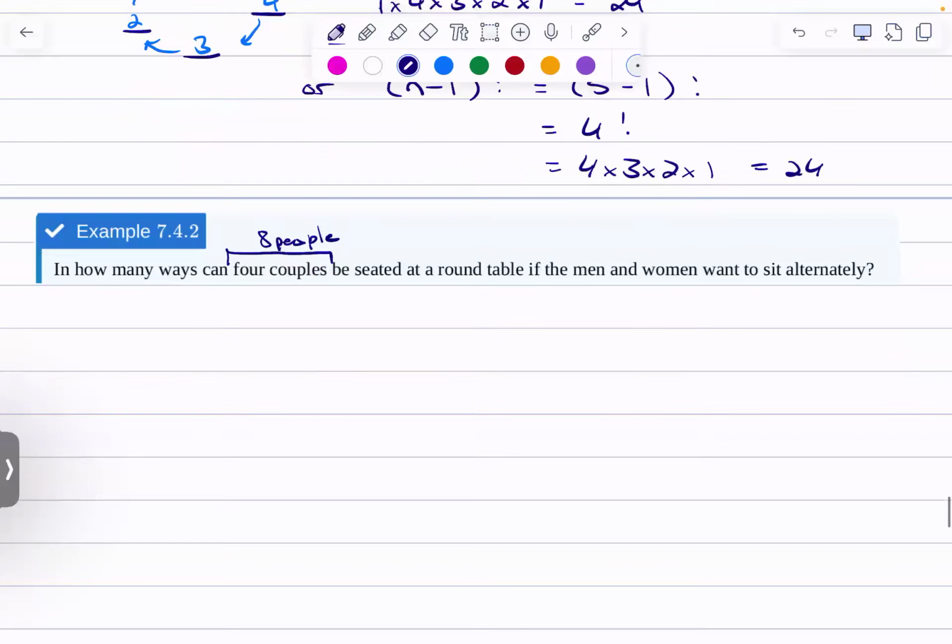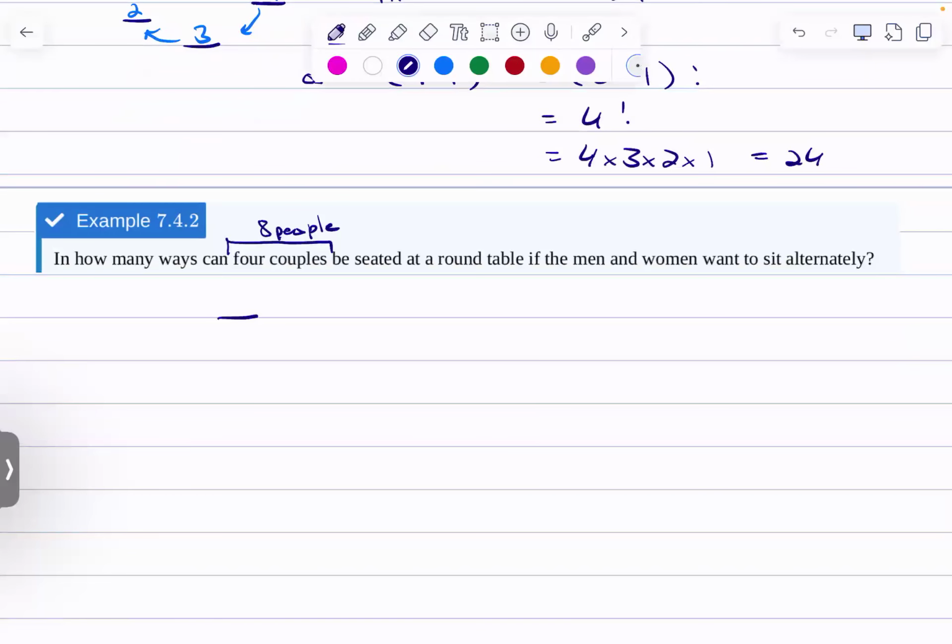Now, can I pull that off? Start with the top. 1, 2, 3, 4, 5, 6, 7, 8. Sort of. I should have done it down here. Got a little crowded. That's okay.